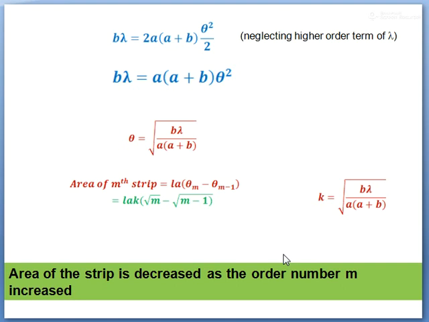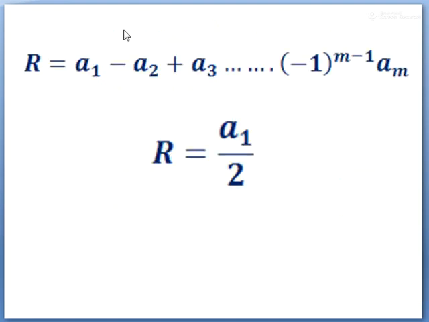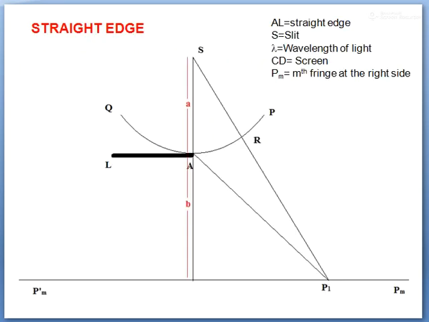For large m, this resultant r will be a1 by 2. Okay, so these are the resultant of amplitude, and resultant of amplitude will be a1 by 2 for large m, right? এখন what will be the effect of this diffraction if I am going to use a straight edge?